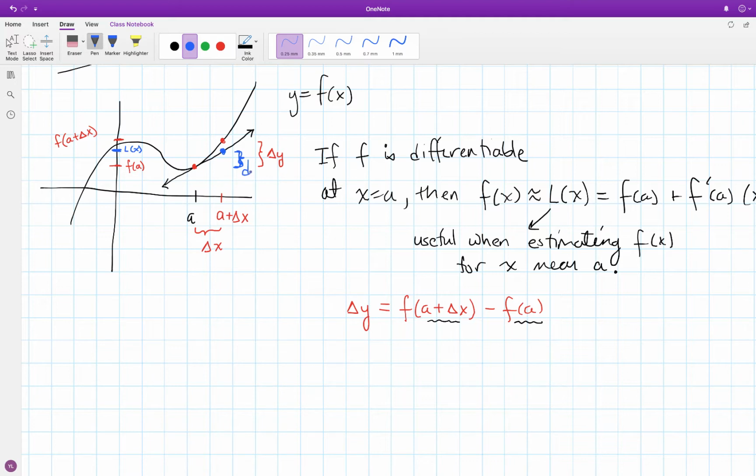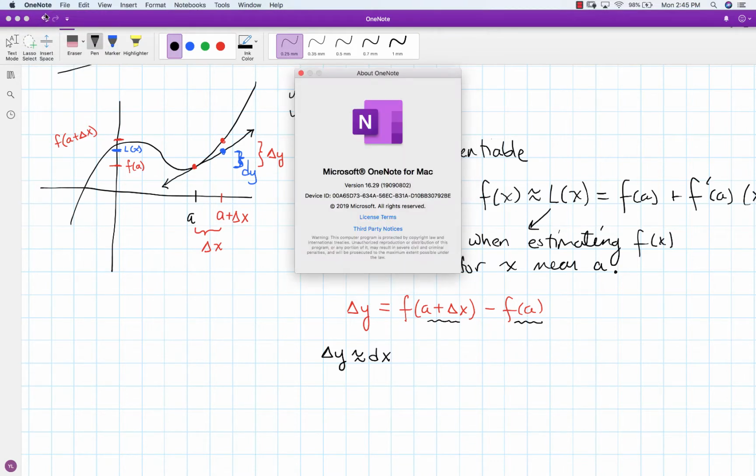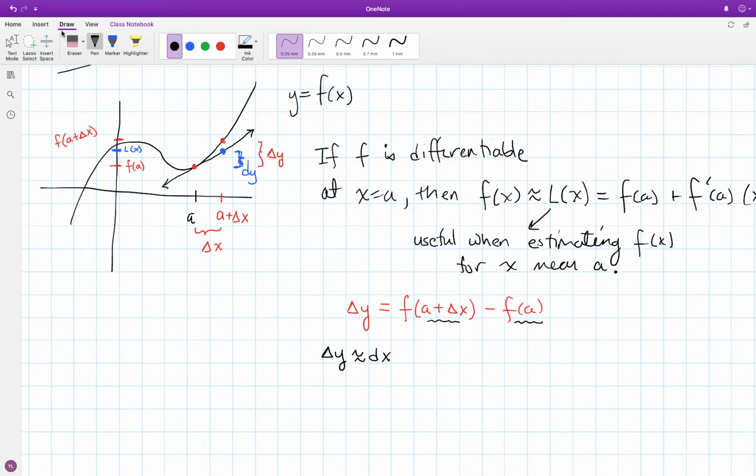And this small distance in the dependent variable is called dy. Okay, so my next task is to figure out what dy is. I mean, obviously from the picture, delta y, which is what I'm interested in estimating right now, is approximately equal to dy.